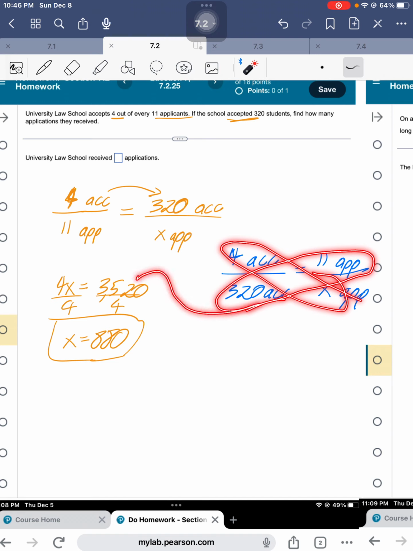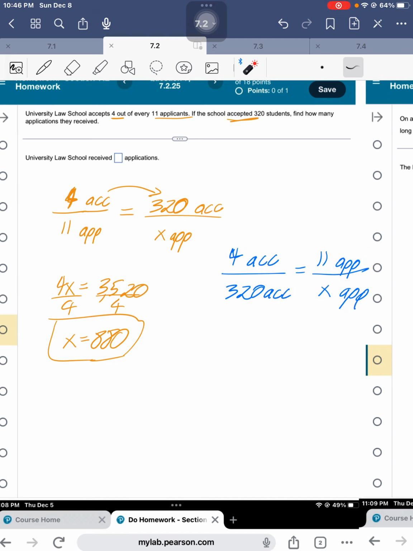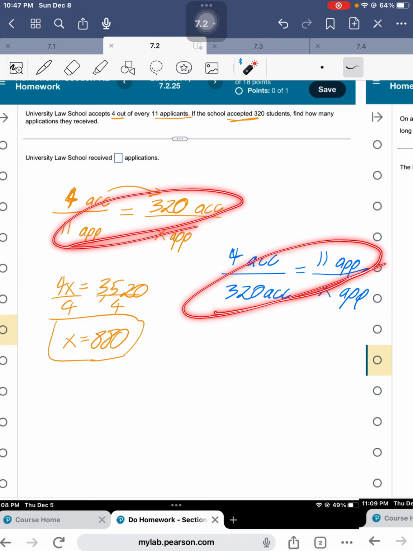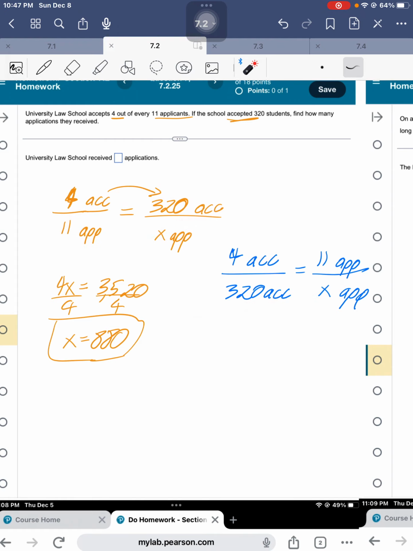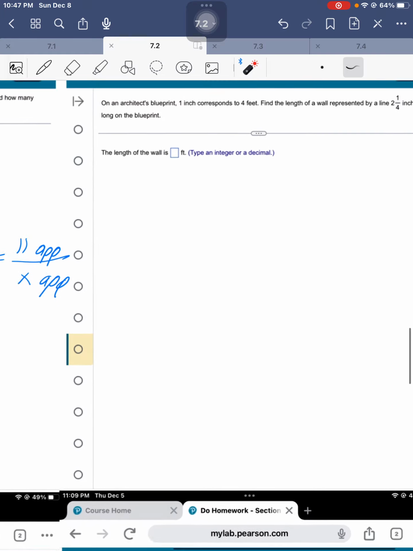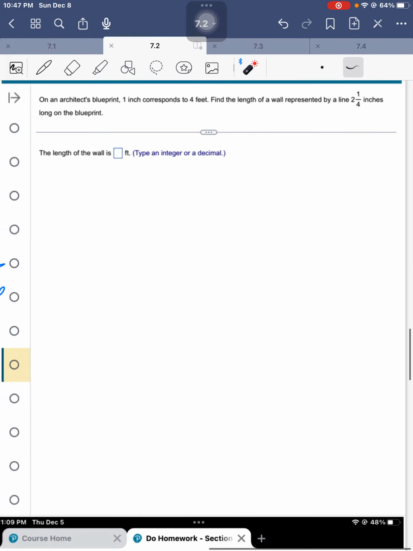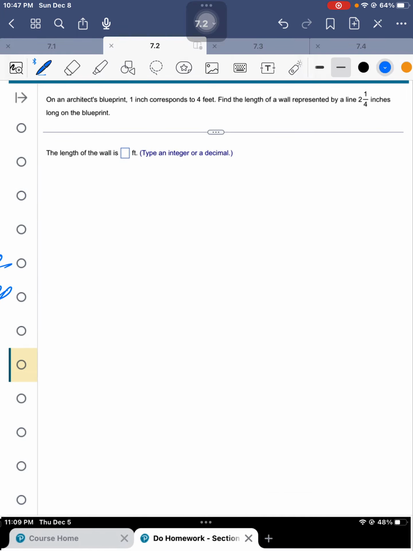And we just do the same thing. If we cross multiply, we get 4x is equal to 3520, then divide by 4 and we get the same answer. The only difference between this one and that one is that we switched the means. And we know that when we switch the means, our proportion stays the same.